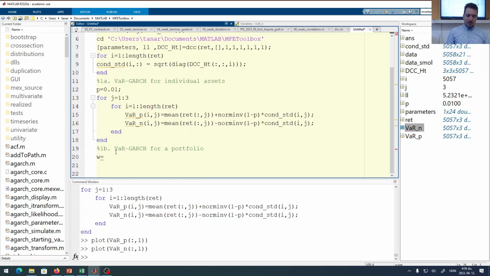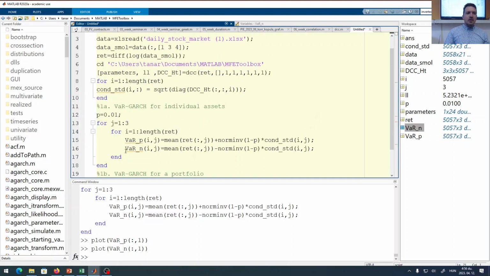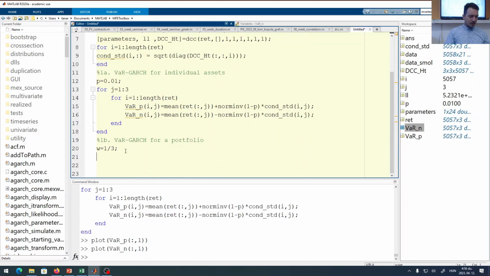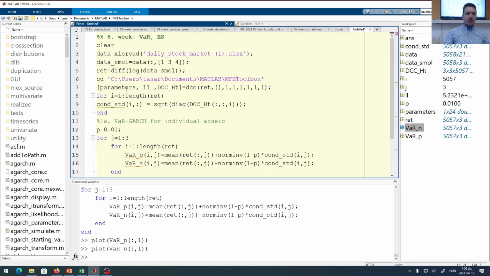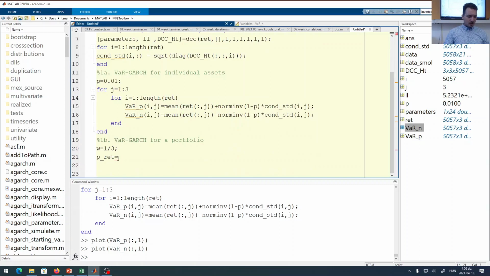Wait, 1, 2, 3, and then portfolio return equals. I think it would be terrible if I'm just summing it up.